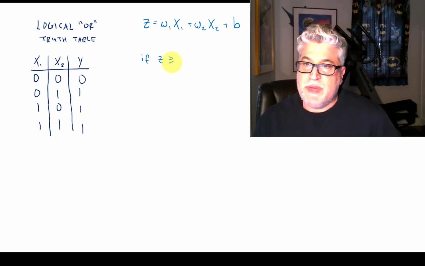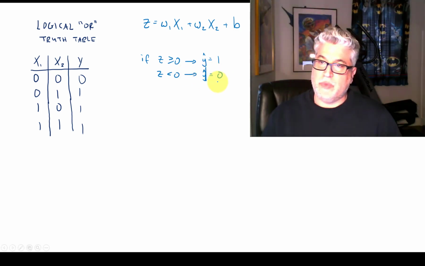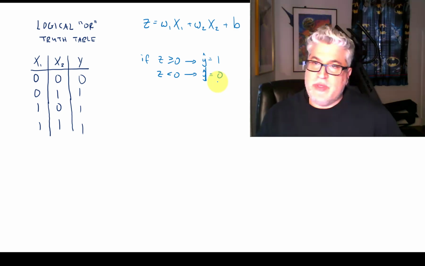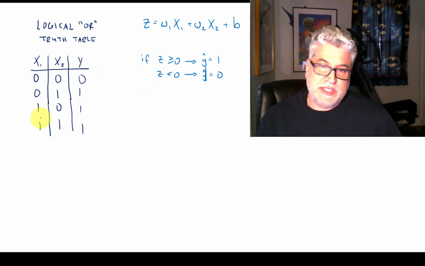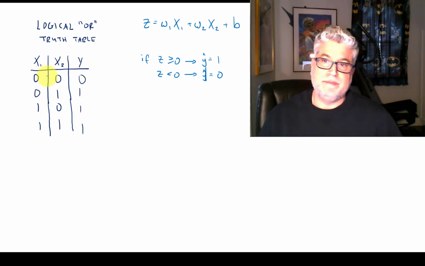If z is positive, then we're going to guess a 1. If z is negative, then our output, our guess, is going to be a 0. And we're hoping that with the right set of weights and biases, we'll be able to mimic this entire truth table.